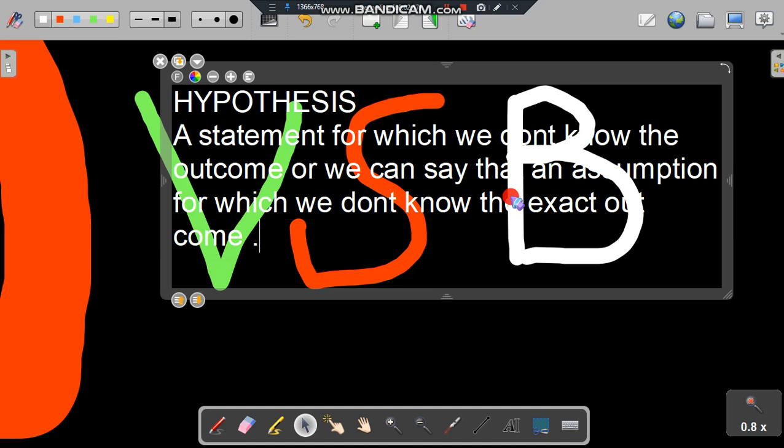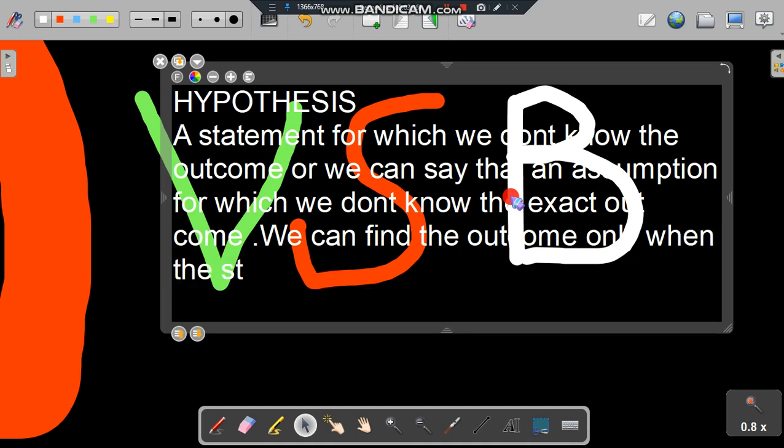We can find the outcome only when the statistical test is applied. That's what we have to understand.